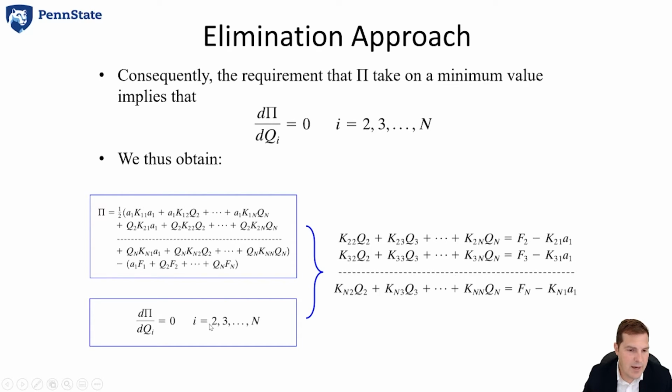So let's apply this first derivative, d pi dq2, which is going to take all these terms and take the derivative with respect to q2. So applying that equation, let's look at this. This first term is 0, so we can ignore that. But our second term, if we take the derivative with respect to q2, we're going to be left with a1 k12.